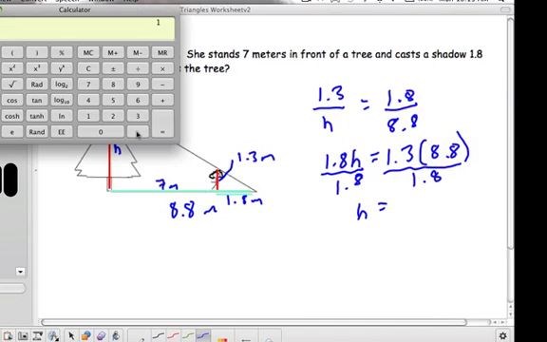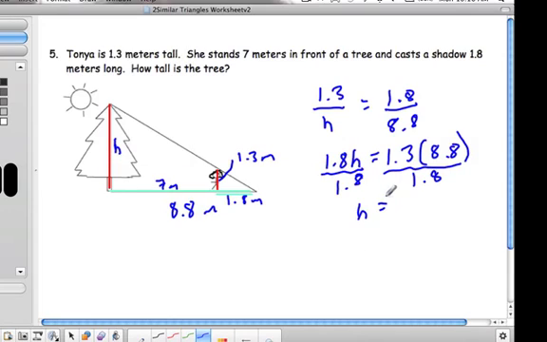So it's 1.3 times 8.8, and it'll be divided by 1.8. And so if we round to 1 decimal place, it's approximately equal to 6.4 meters.